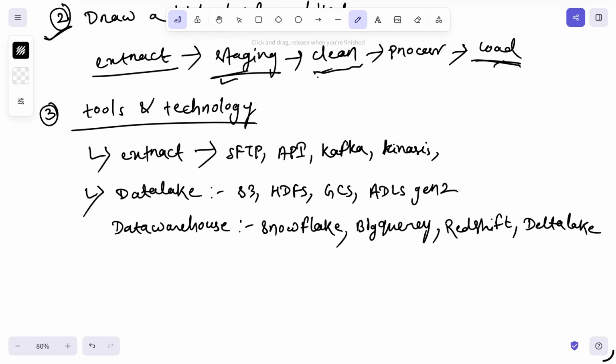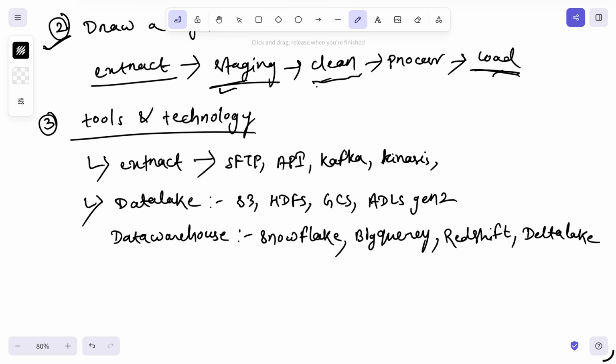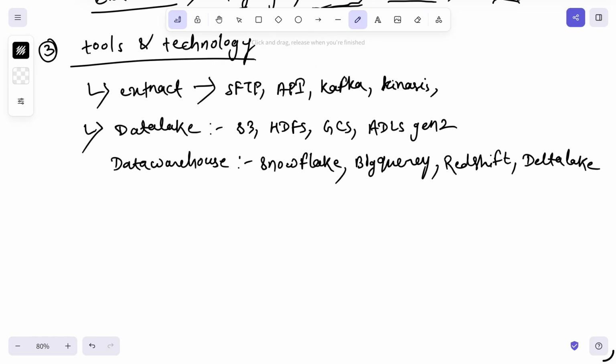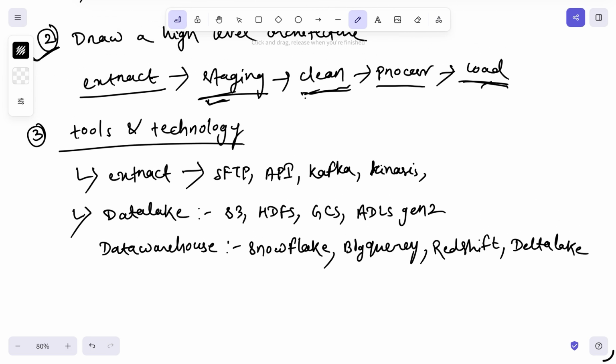So what I said is, once our data is loaded into the staging layer, we run a job for cleaning and to process the data, right? It is not like we wait for the data in the staging layer and manually clean or process it. We have to schedule or orchestrate the things.